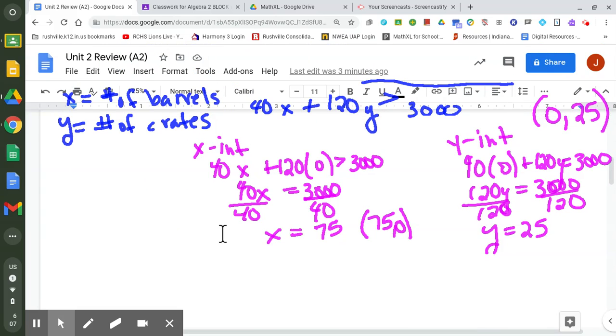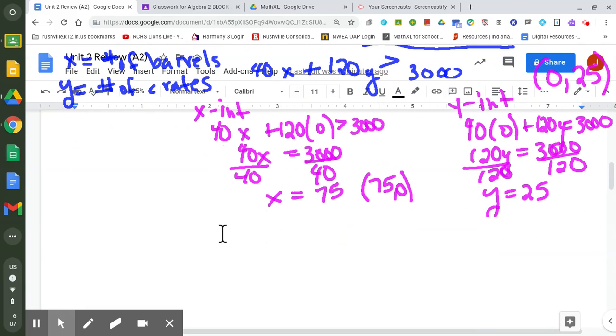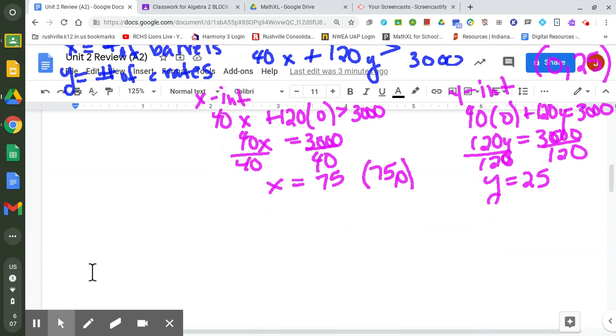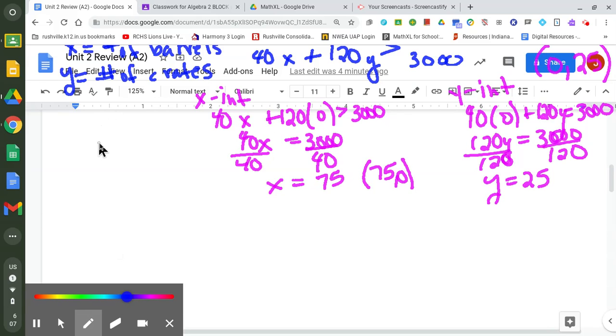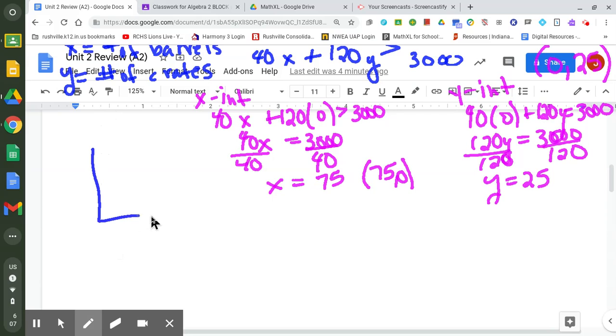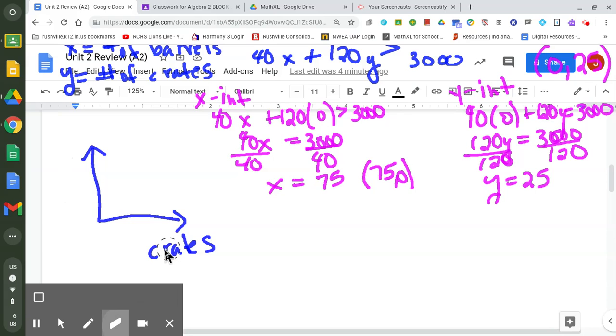this is going to be kind of a not fantastic graph, but if I have my graph where I have my crates and my, actually that should be barrels.